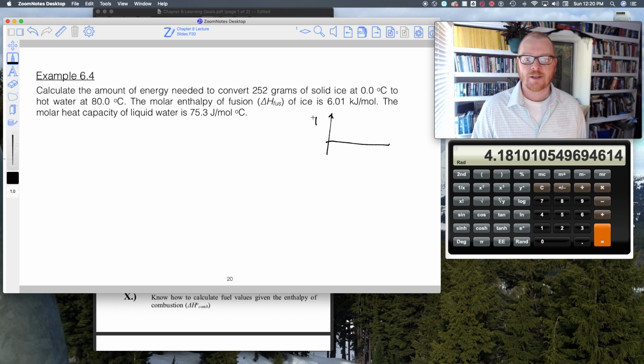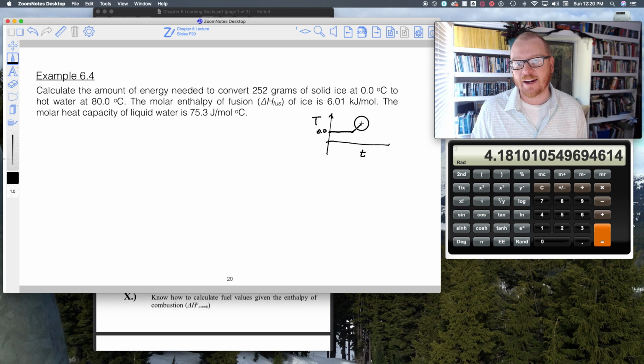right, where it was temperature, so big T versus time, little t. You know, we're starting at ice, right, at 0 degrees, okay? And we're going to have to let it phase transition for a little bit, okay? So that means the temperature is not going to change.